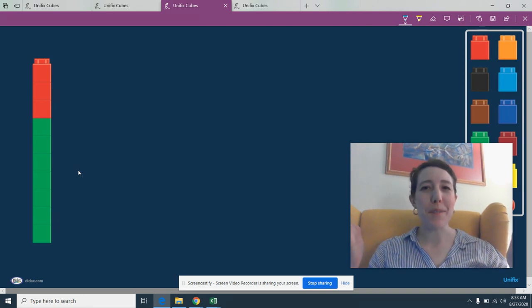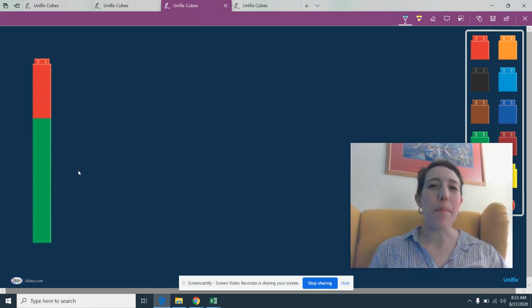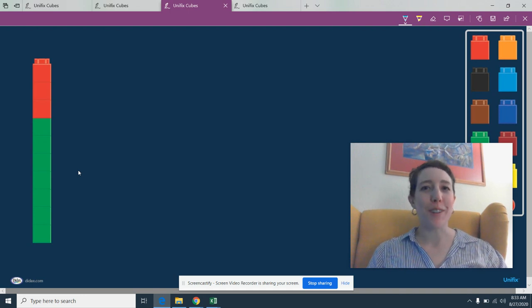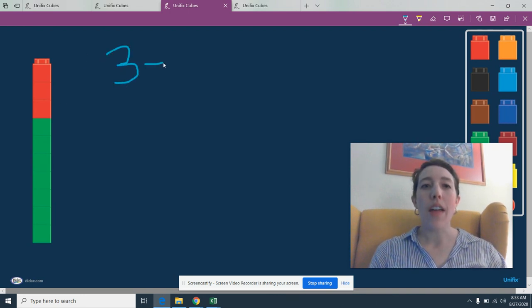Are you back with me? So let's go ahead and pop right in, and I'm going to try and guess what's on your paper. So if I look right here, I see 1, 2, 3 Unifix cubes. And I know that all together, I have 10 Unifix cubes.